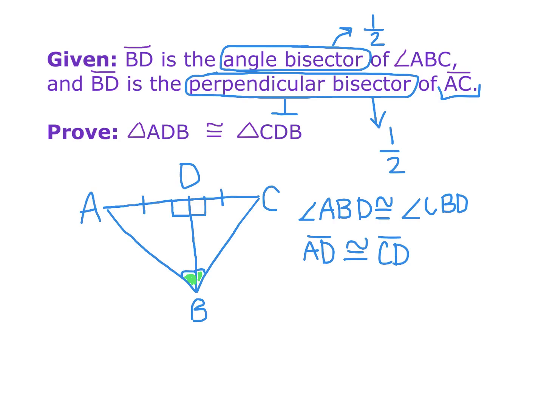So I could say angle ADB, which is this 90-degree angle right here, is congruent to angle CDB, which is this one. They're both 90 degrees, and we got that because we saw that they were perpendicular.